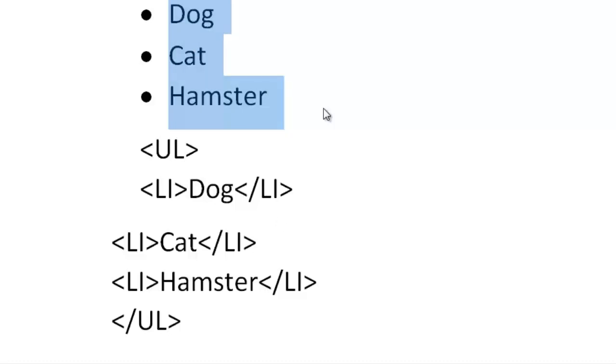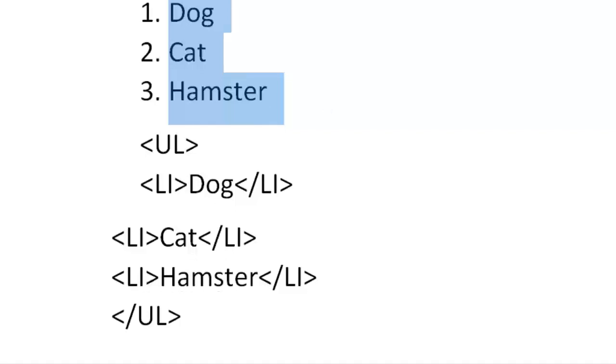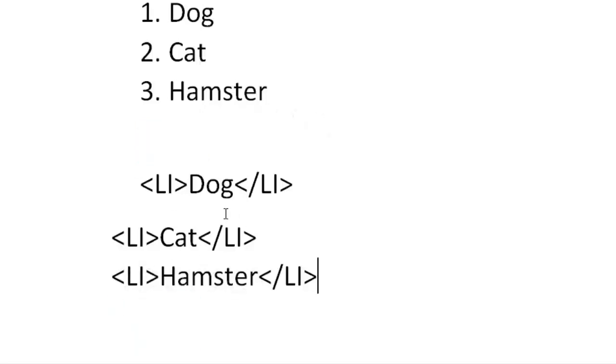Now, ordered lists are going to be something like 1, 2, 3, 4, 5, right? So if I switch it to this, the only items that need to change here are the open tag and the closed tag. Everything else, the LIs stay the same.